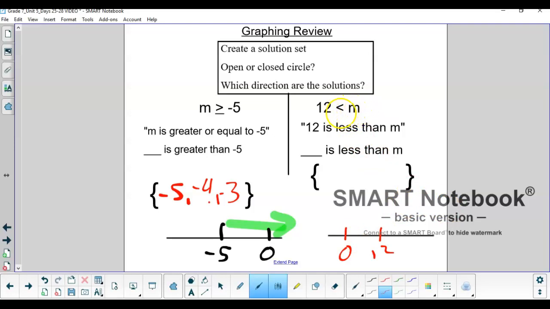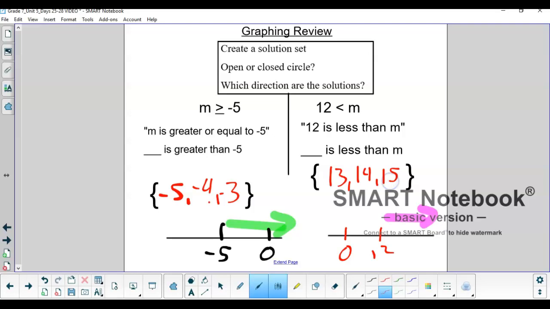This is where it gets a little bit tricky, because yes, this is a less than symbol, but again, if you think about what the shark is eating, if the shark is eating the m, m has to be bigger than 12. So again, I know that larger numbers are always to the right of a number. So the first numbers that are going to be larger than 12 are going to be 13, 14, and 15.